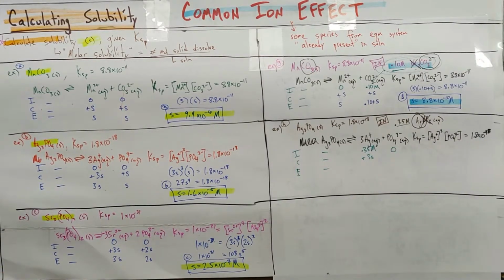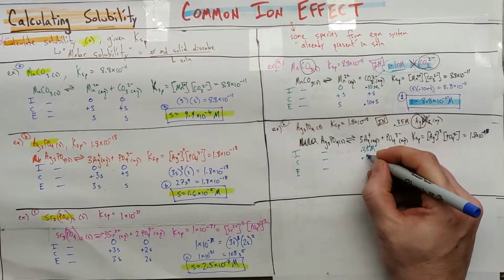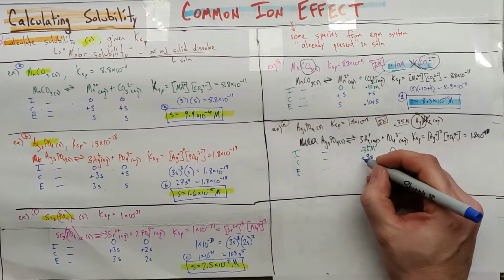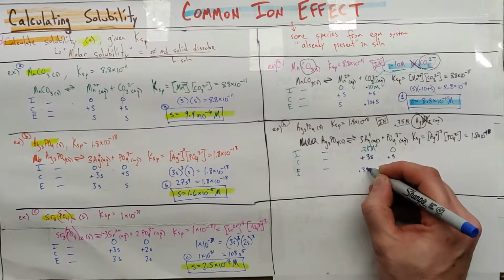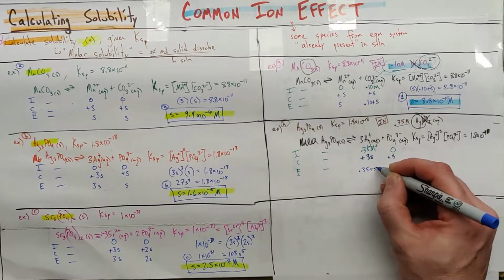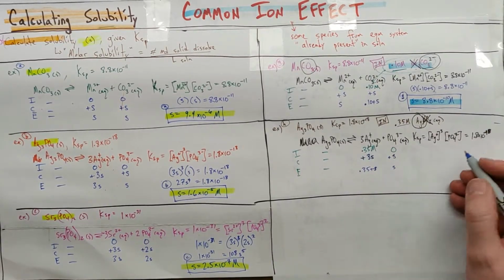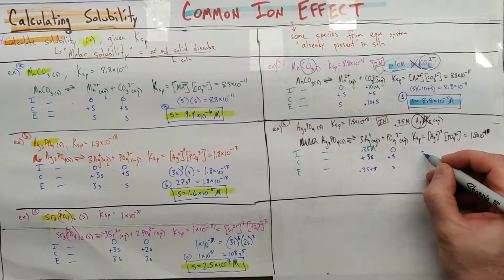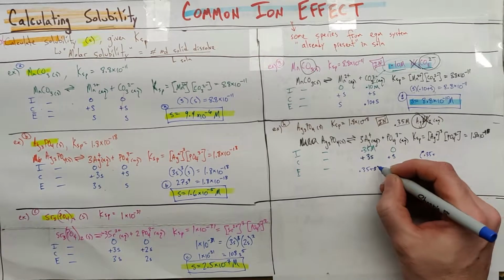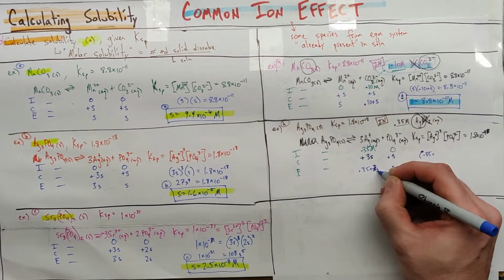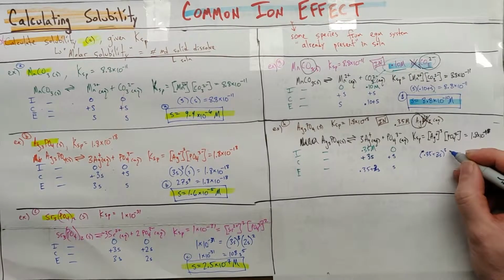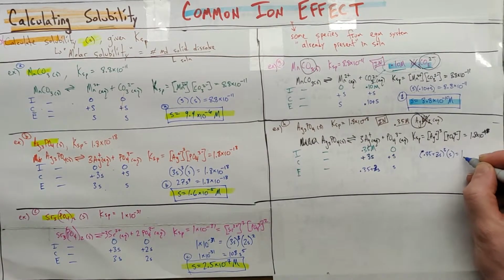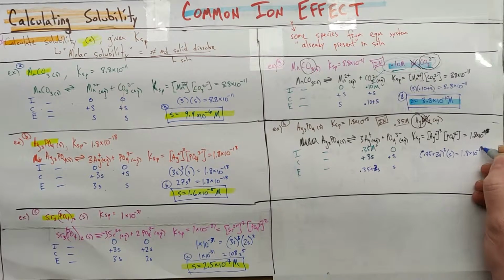That looks familiar, in fact. Let me switch over to our other blue. 3s. This is going to go up by s. And we end up with 0.35 plus 3s and s. Looking at this then, we should have 0.35 plus 3s, cubed, and s, which would be 1.8 times 10 to the minus 18th.